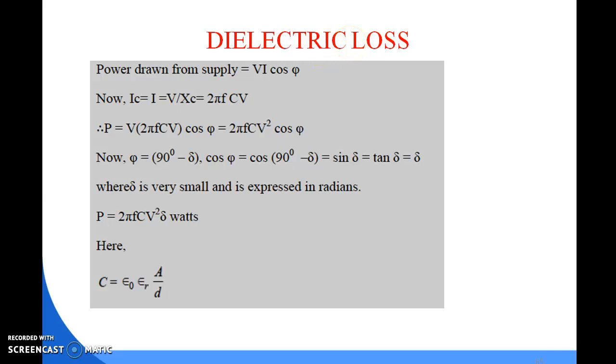So now the point is that here it is cos phi. What is this phi?